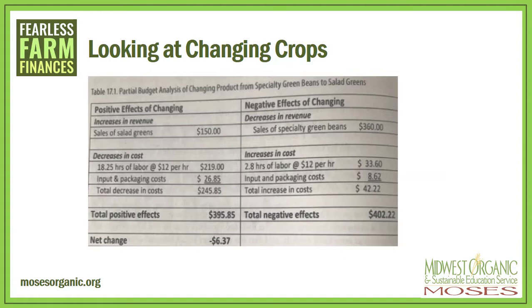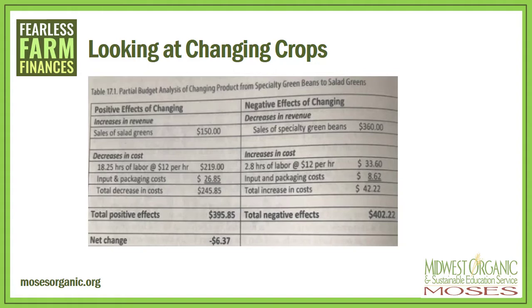This is an example from the book. In this particular example, they're looking at changing crops. They're growing specialty green beans right now, and they're looking at going to salad greens. You'll notice on the left-hand side are all the positive effects of changing. There's going to be some increase in revenue from the sales of salad greens.